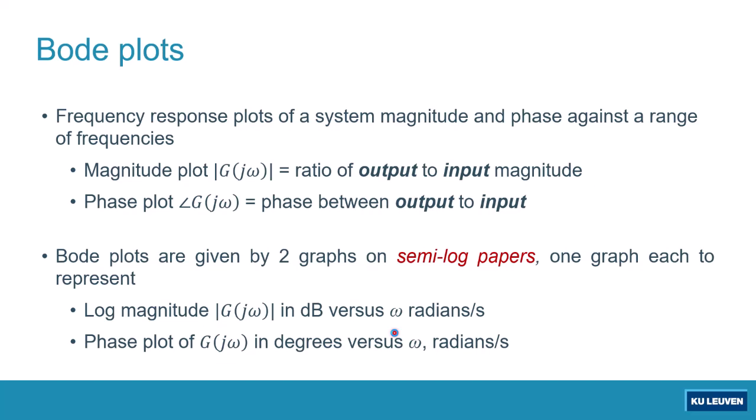If we plot the magnitude of G(j omega), and if we plot the phase of G(j omega), we will get what we call Bode plots.